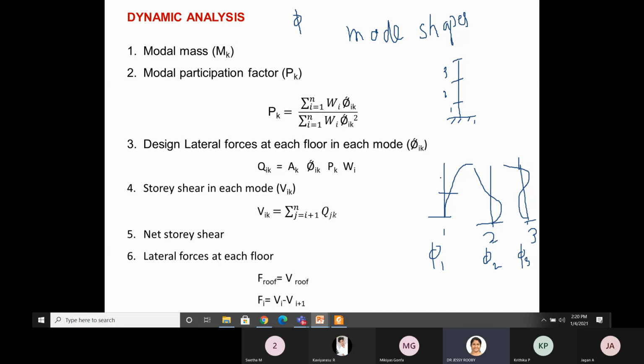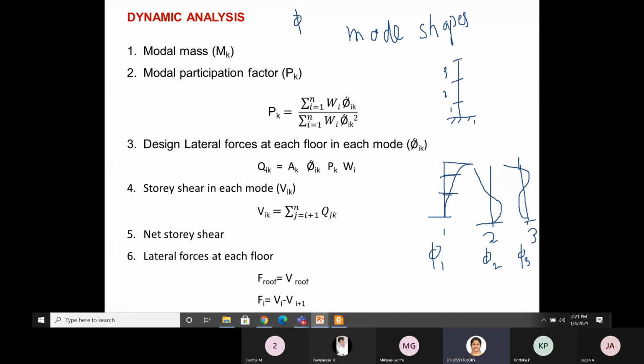Each will have a value at each and every floor. So when the structure vibrates, there will be a mode participation factor that will also be taken into consideration when you do the dynamic analysis.